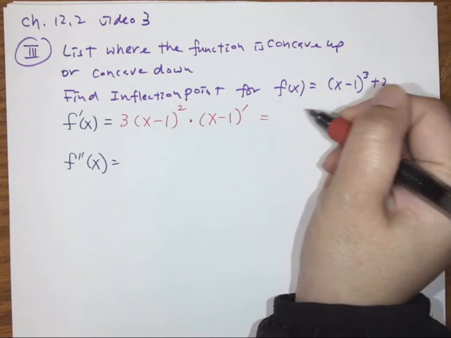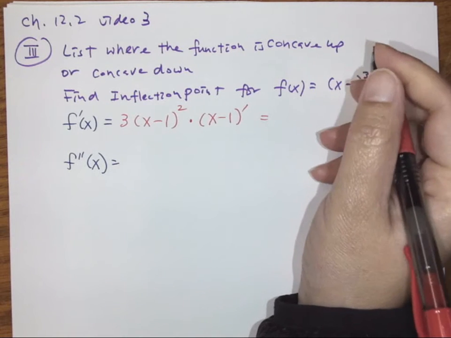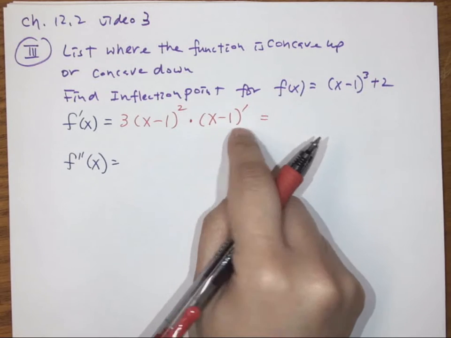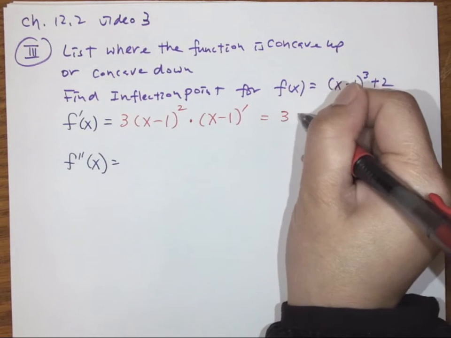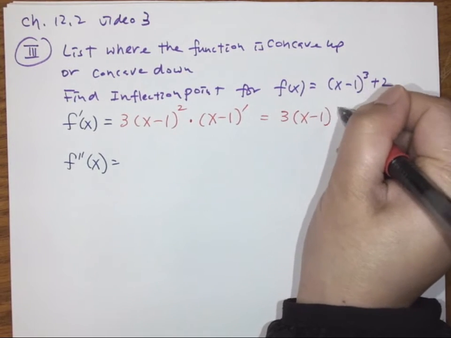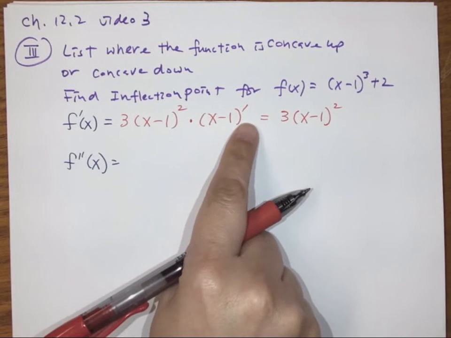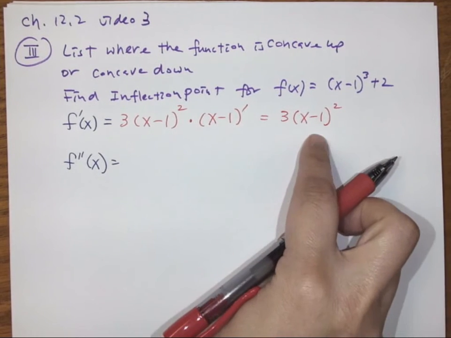This one is 1, this one is 0. It's going to be just 3 times x minus 1 to the second power, because it's multiplying by 1 minus 0. Okay, so that's your first derivative.